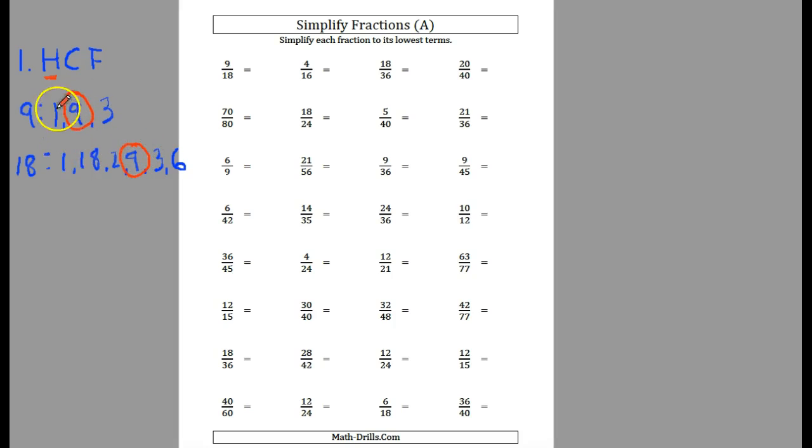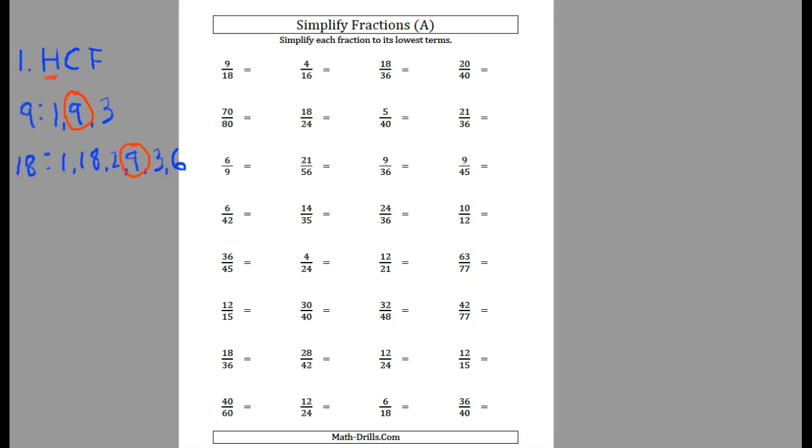Even if you need to circle all the common factors, you can rewrite them in order from lowest to highest to see what the highest one is. One of the numbers will have fewer factors than the other. For the number 9, we're only looking at 3 numbers. Are these 3 numbers common to 18? Yes, all 3 are, but 9 is the highest.